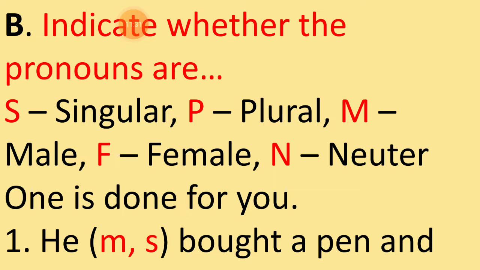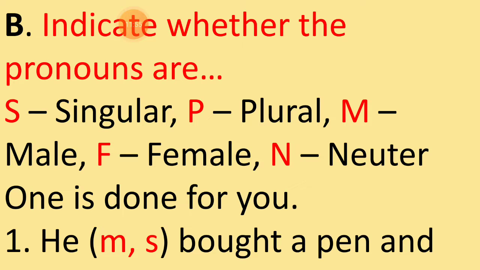Is it singular, plural, male, female? We have to think, and then use the short form. Now he is male. This pronoun is used for boys, so male. And it is used for one boy. It's singular.